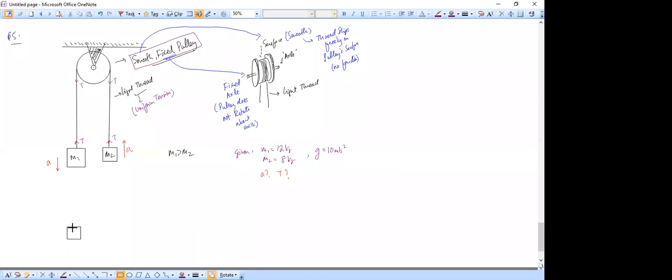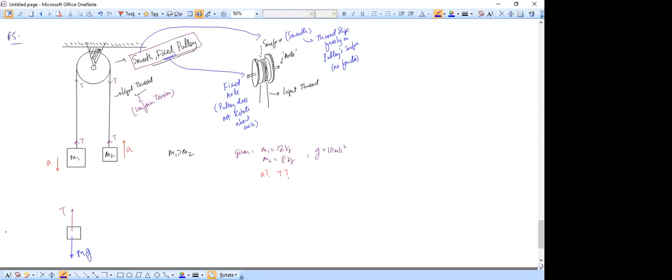There is tension acting upwards. But there is also its weight, which is acting downwards. And obviously the weight is dominating because it's accelerating downwards.